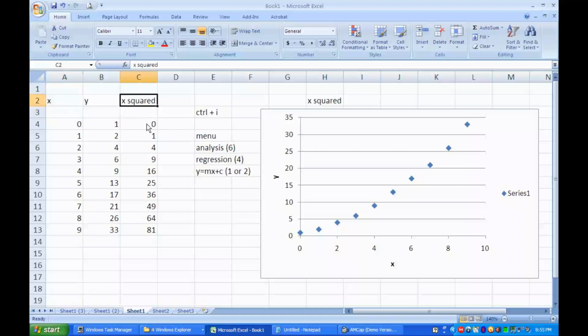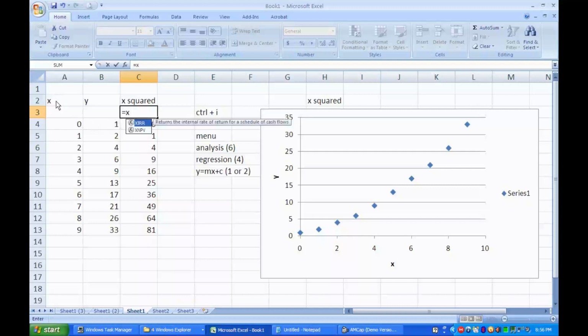Now, your question will likely give you all these numbers highlighted here. It will not give you these numbers. So what you do in your CAS, you put these numbers in, then in this cell, you would write something like equals x. Now this x is because you called this x. Then you would say squared, and you would press enter.